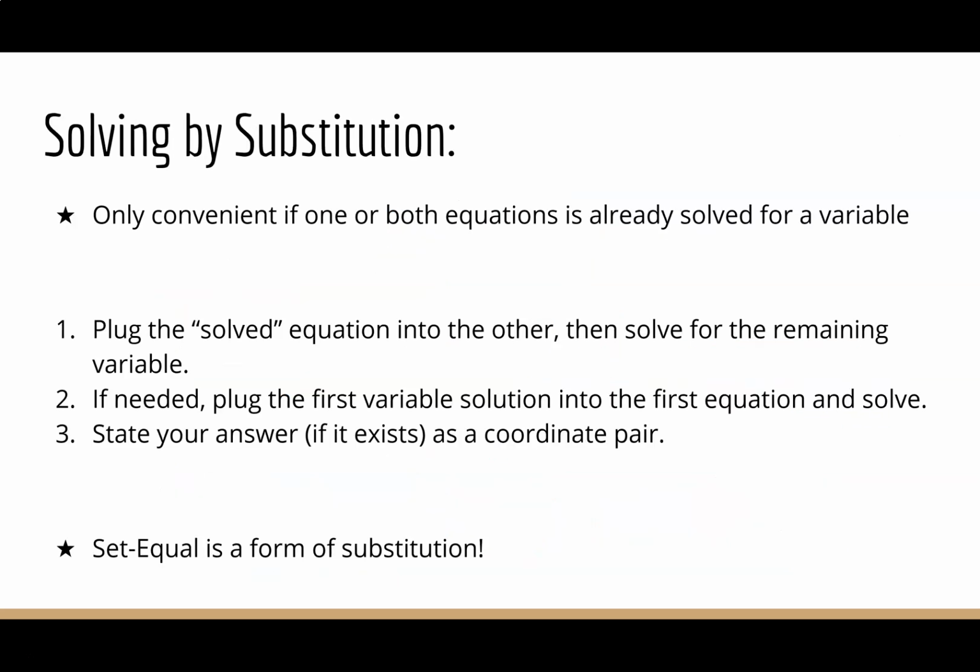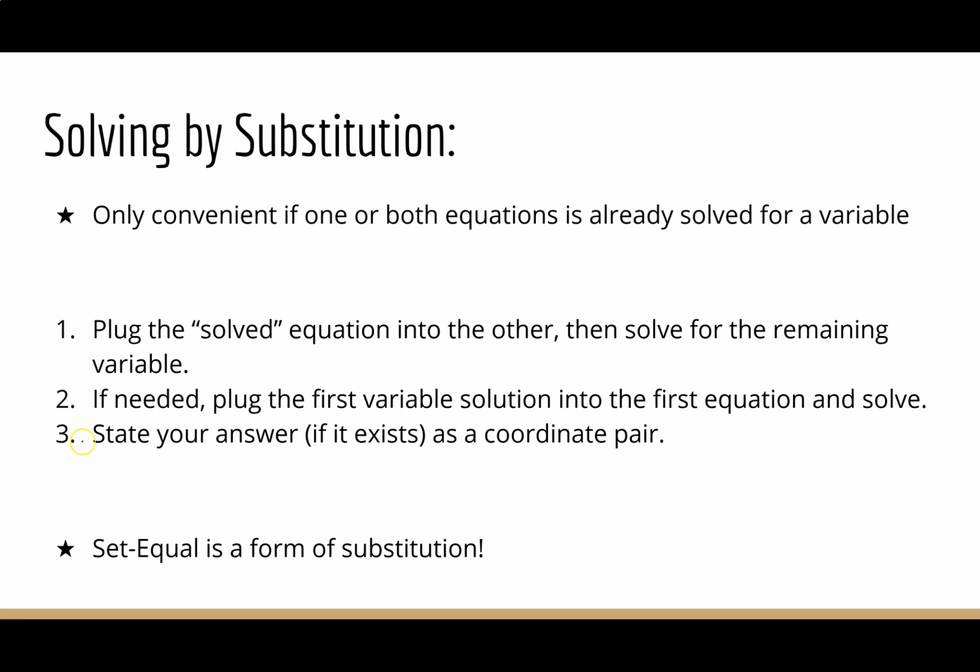All right. Substitution is a very algebraic way to solve things. It's only convenient if one or both equations is already solved for a variable. The steps are very similar. Plug the solved equation into the other, then solve for the remaining variable. If needed, plug the first variable solution into the first equation and solve.